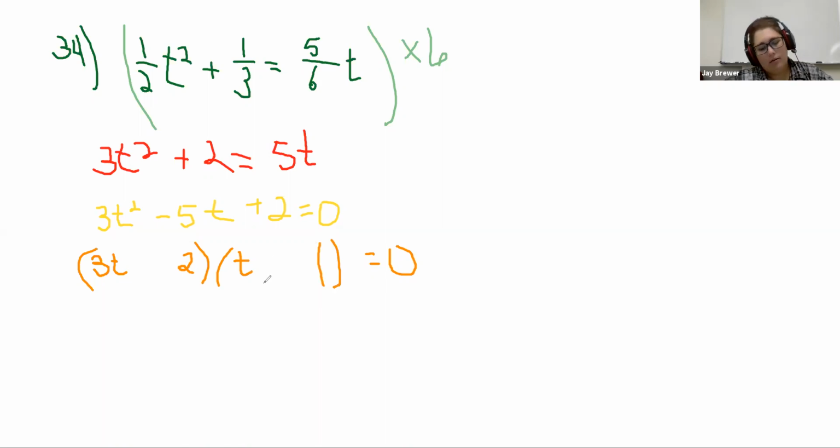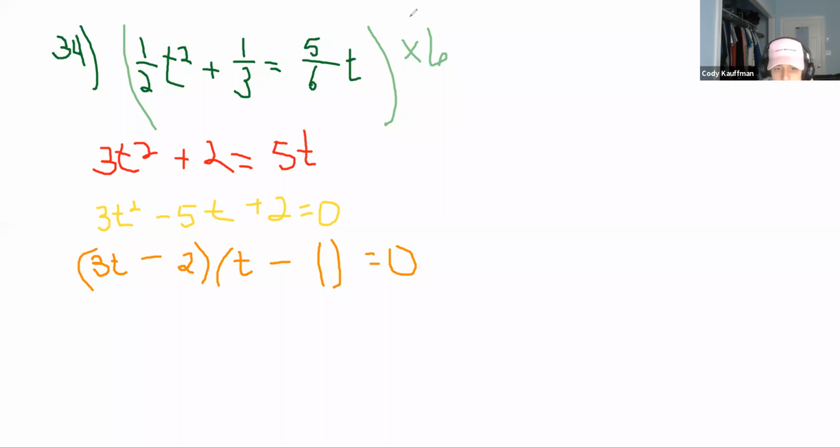All right, now the only thing we have left to do is figure out our signs, but the 2 is what? Positive. Okay, so our signs have to be the same, but what do you notice about your 5? Say negative. Right, so we're going to have a negative in both spots.